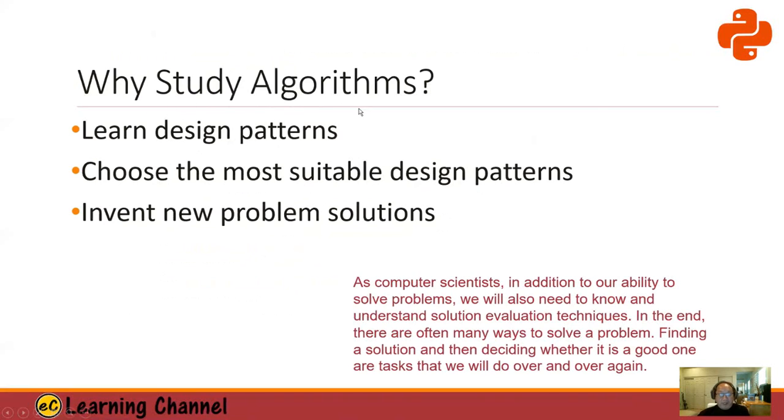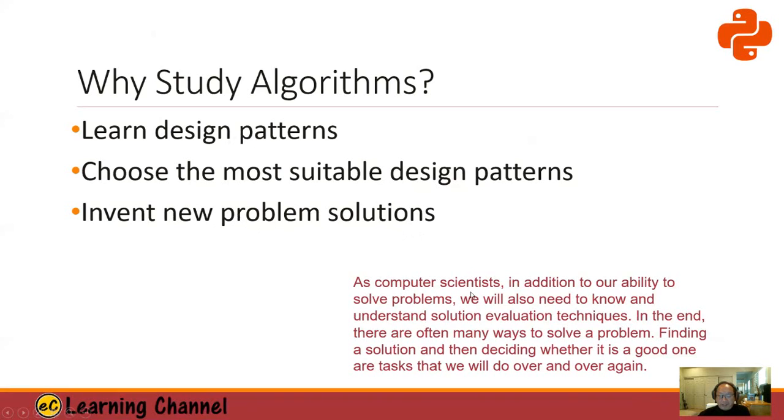And why do we study algorithms? Because we want to know about the existing design patterns of solutions. And we need to know which one is a suitable design pattern for me to use to solve some problem. And if it is not there, is the problem solvable or not solvable? And then at the end, if it is solvable, then how can I invent new solutions for it?